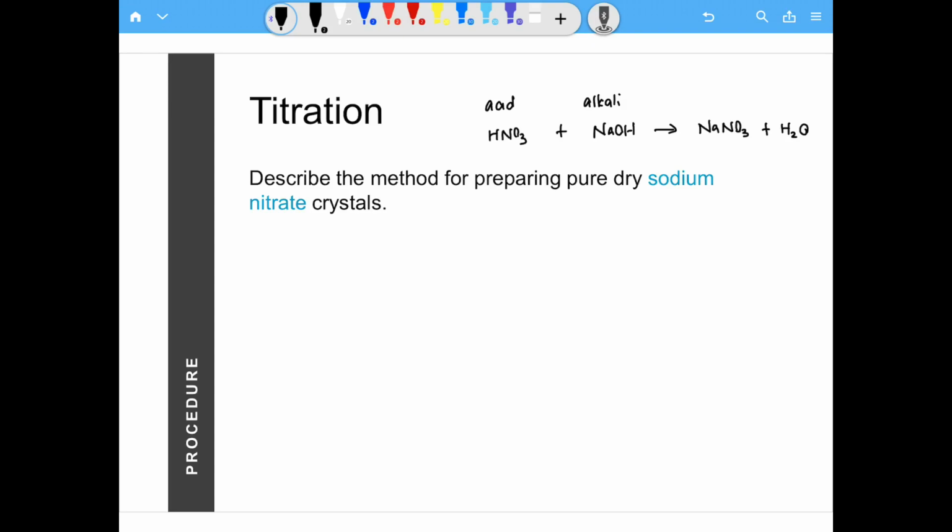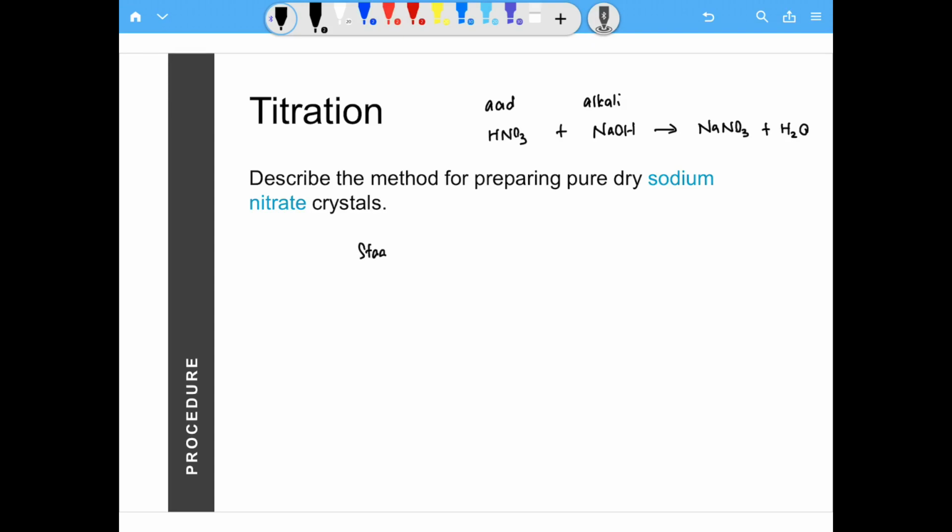Because of the requirement that we need to add the exact amount of nitric acid to sodium hydroxide, the titration method consists of two stages, or two steps.